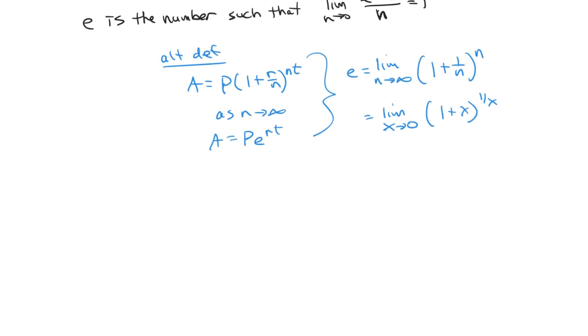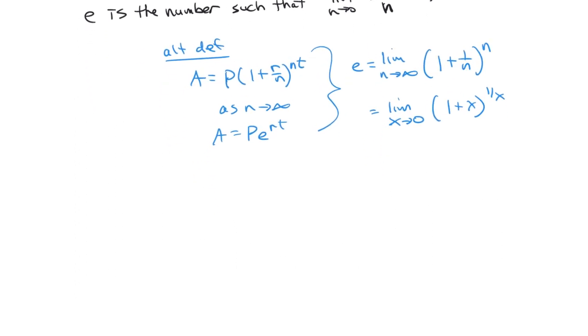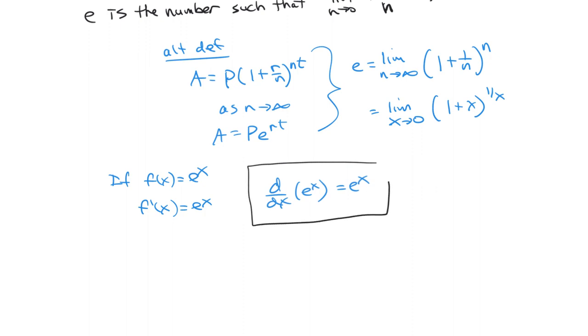And then, because of that, we can say that if f(x) equals e to the x, f'(x) also equals e to the x. So in other words, the derivative of e to the x is e to the x, which is our second rule.